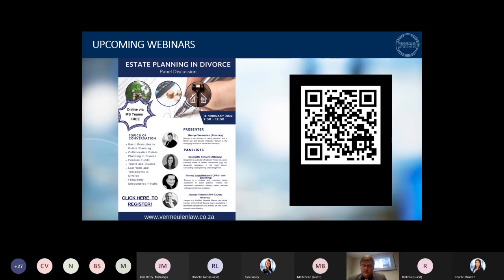We're going to be looking at trusts and divorce and piercing the trust veneer for alter ego trusts and sham trusts. We're going to be looking at last wills and testaments in divorce, and we're also going to be looking at frequently encountered pitfalls. Please do have a look at registering for this if it is something which you feel may benefit you in your practice.